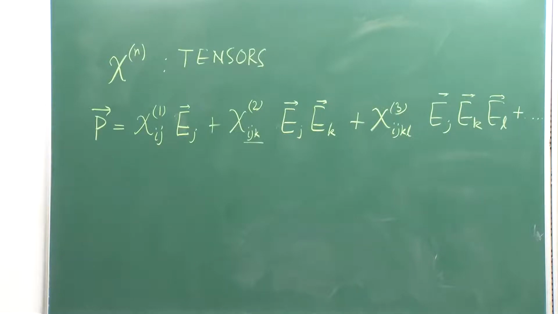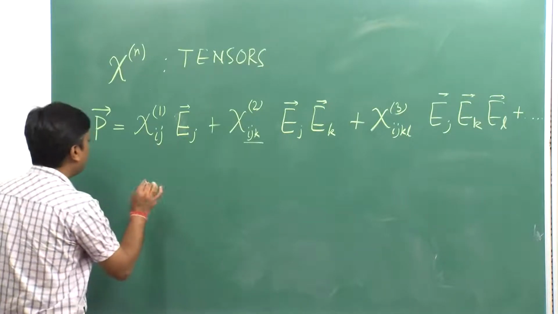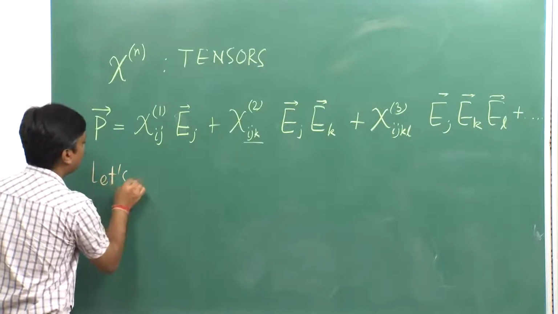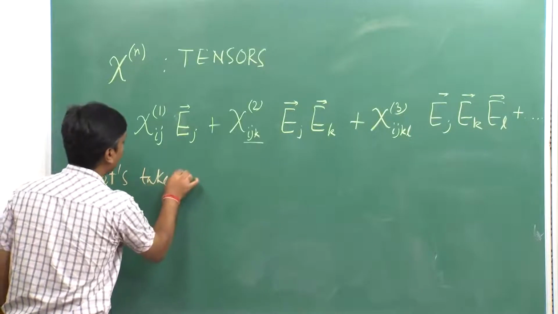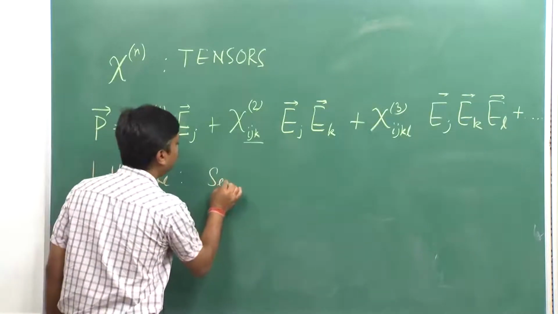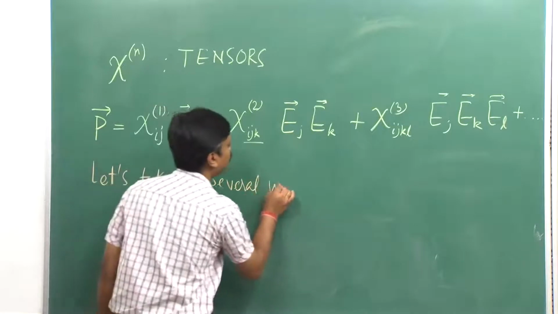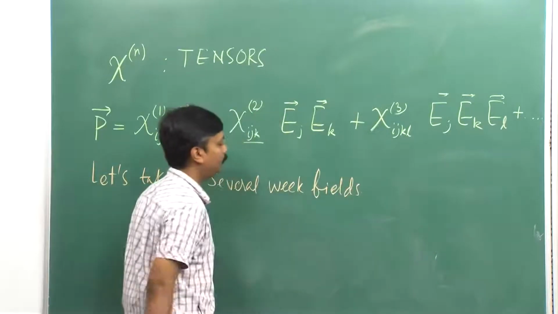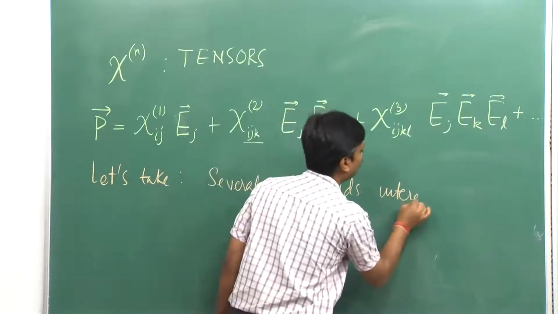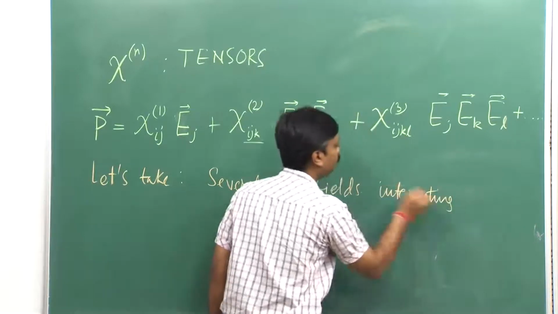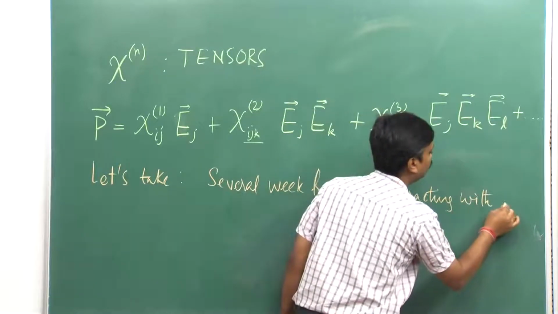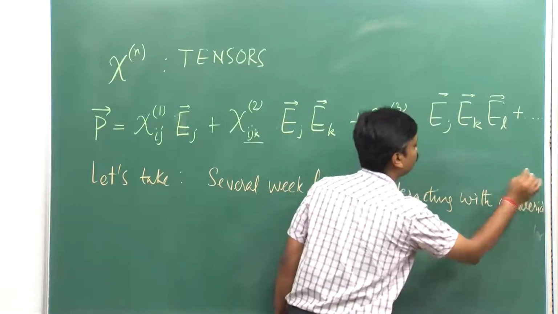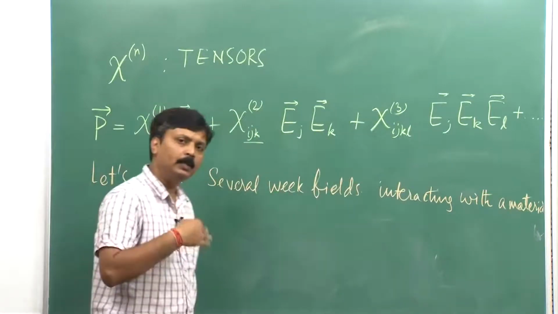Now, let us take a condition where we have several weak fields interacting with a material. What will happen? It will create polarization.